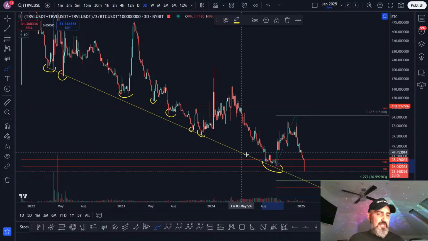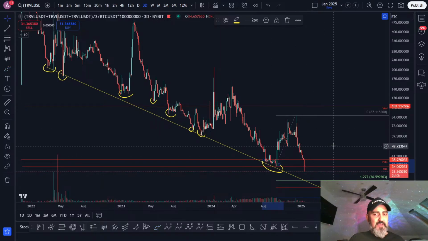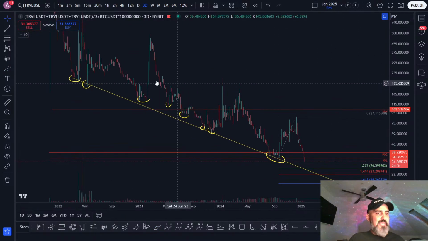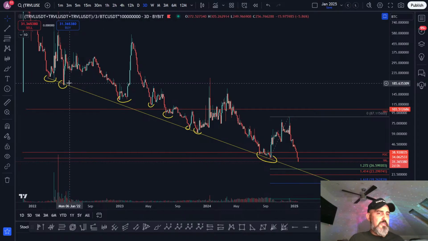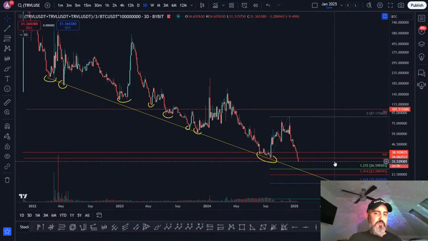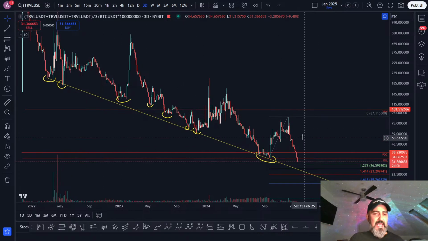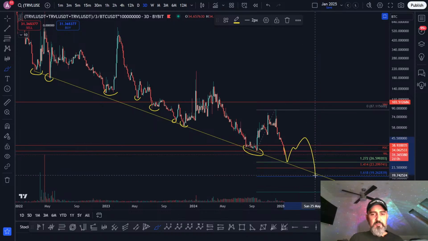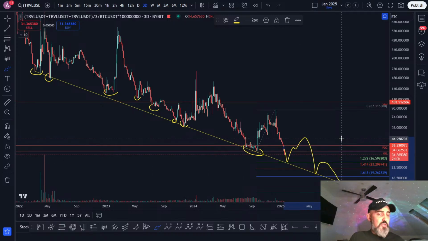So for an investor, that's really scary. It's like a crazy downtrend. It's like you could have just kept your money in Bitcoin, and you'd be significantly wealthier than if you bought TRVL. And it doesn't look like it wants to stop. It just wants to keep on bouncing and bouncing. How when is this going to stop? There's no sign of it stopping.